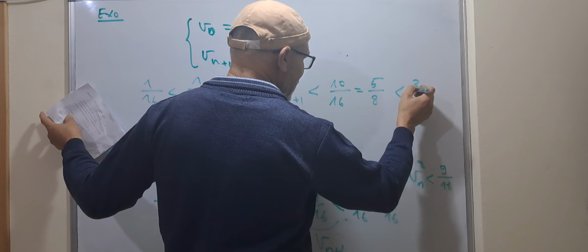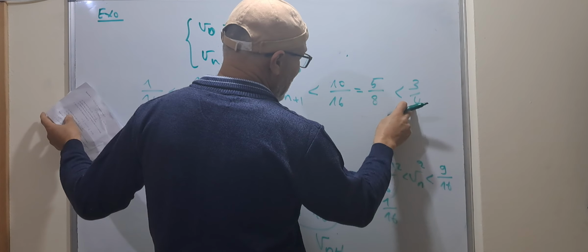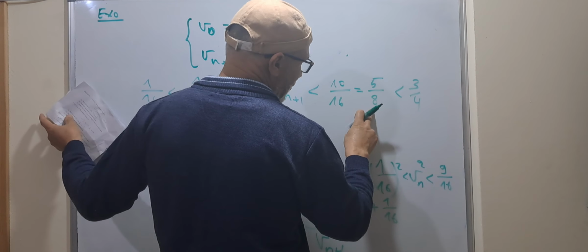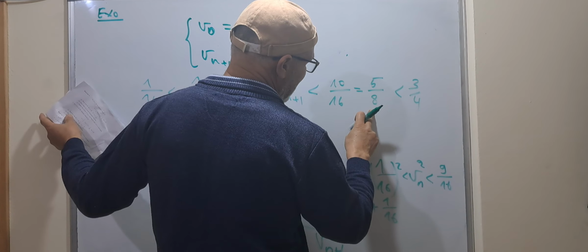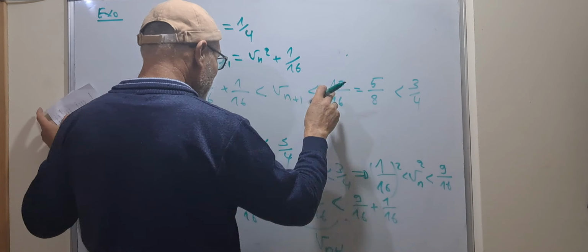Is it less than 3 over 4? So we have 5 times 4, it is equal to 20, and 8 times 3, it is equal to 24. So 24 is strictly greater than 20. This is true.